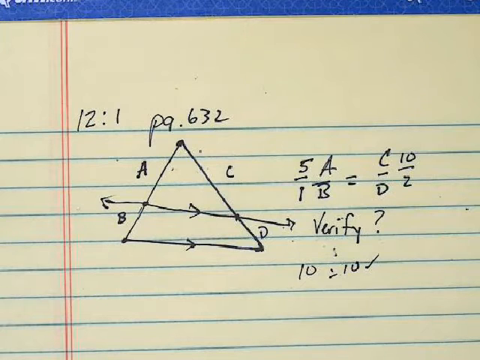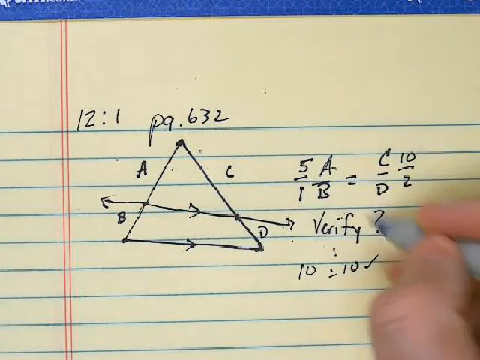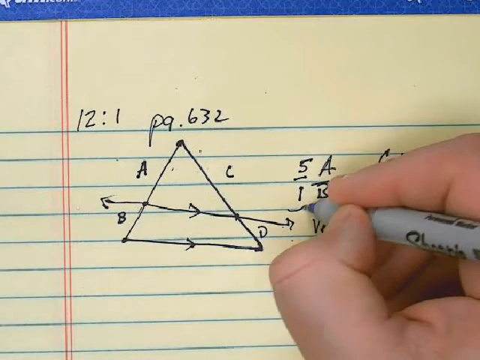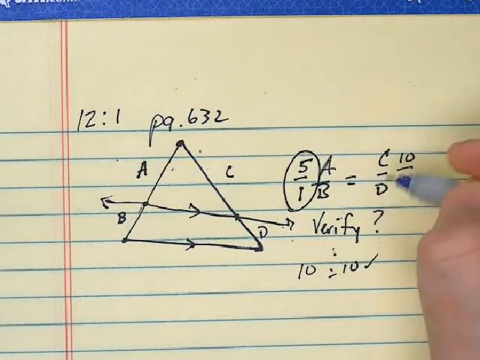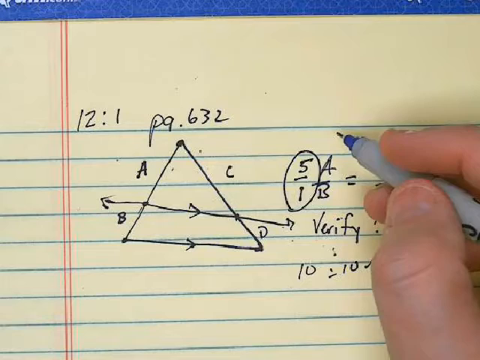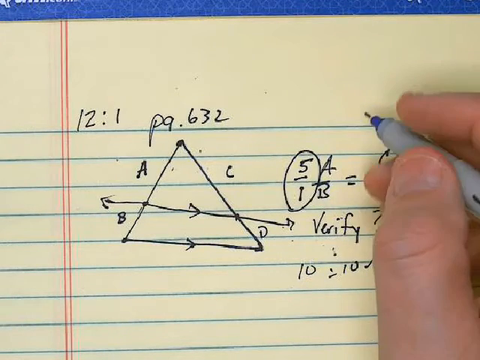Well, let's investigate this just a little bit more. All right? Because that's not the only way to solve. Because I could just look at it as a simple ratio. What's 5 divided by 1? Go ahead on your calculator. What's 5 divided by 1?